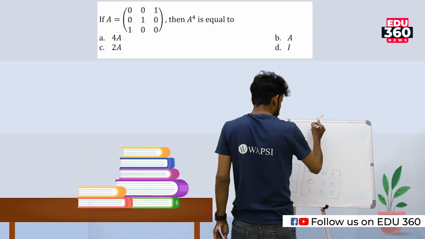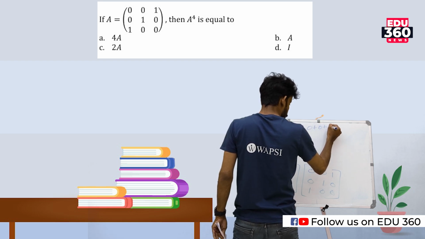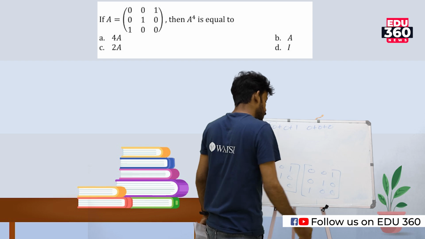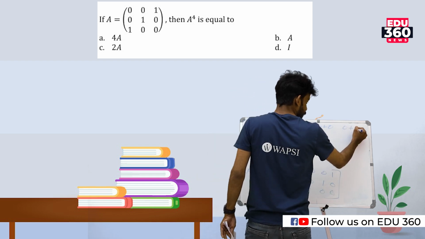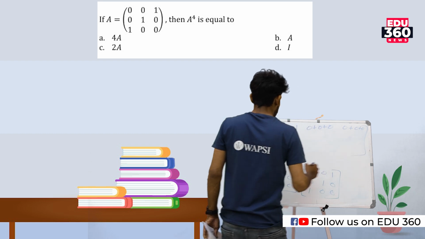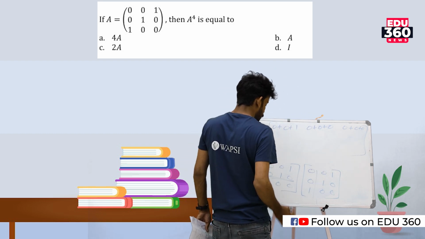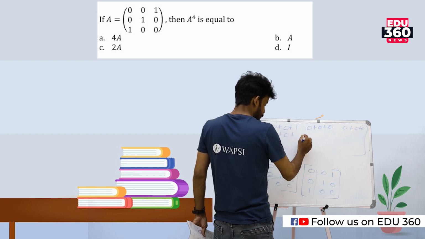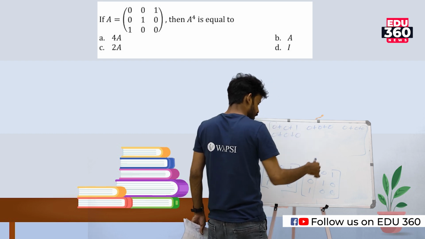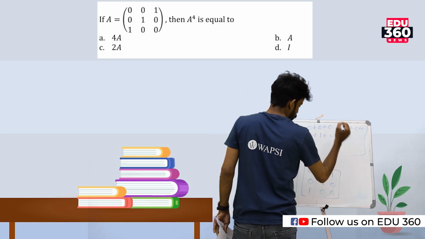For the second element, 0 plus 0 plus 1 into 0, 0 plus 0 plus 0. Here again, this row into this column. 0 plus 1 into 0, 0. Next, 0 plus 1 plus 0.